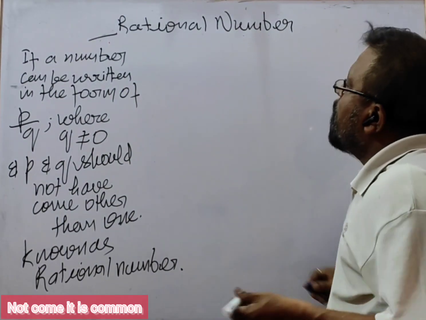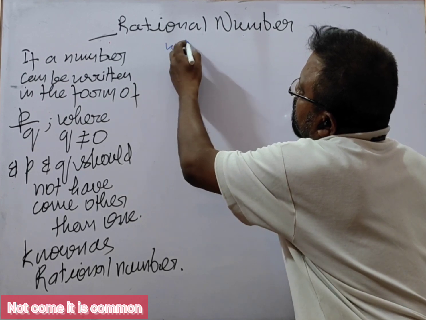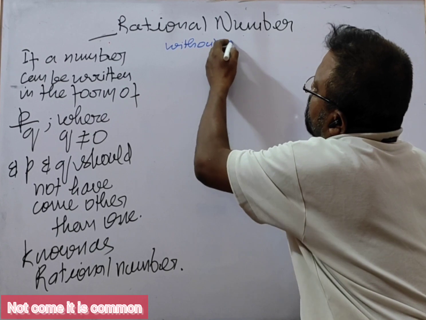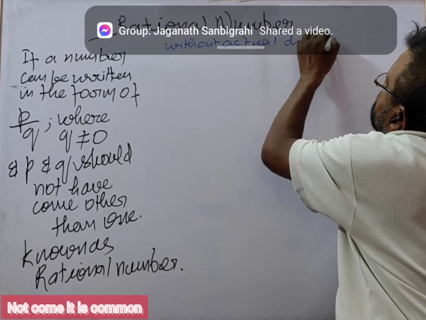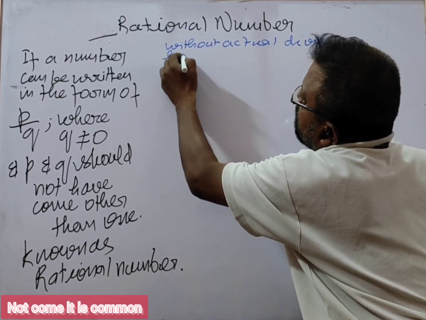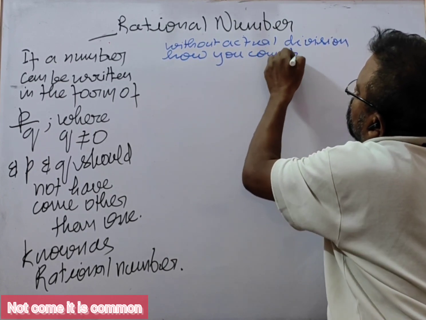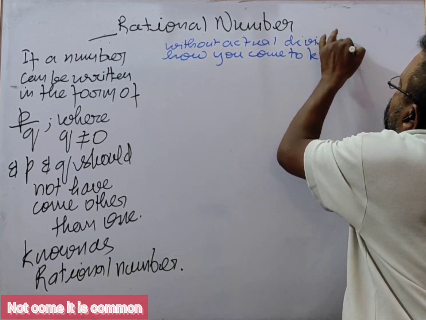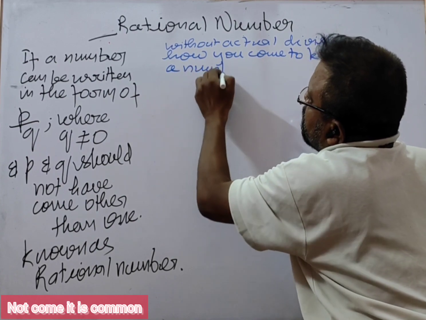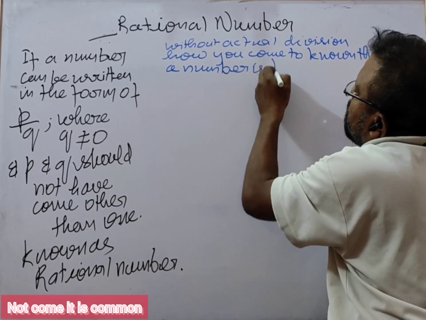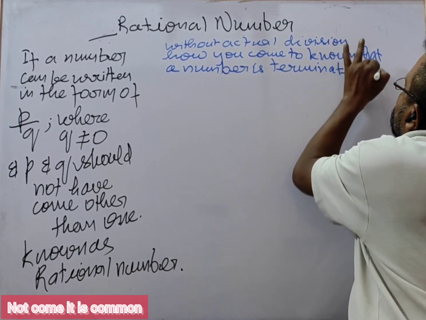Now, without actual division, how do you come to know that a number is terminating or recurring?